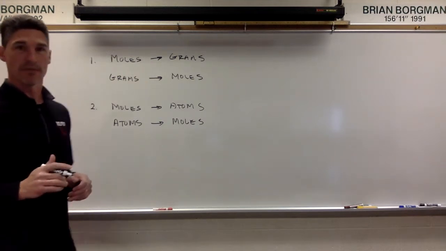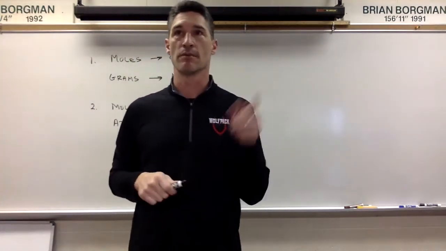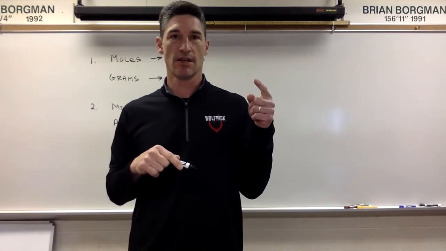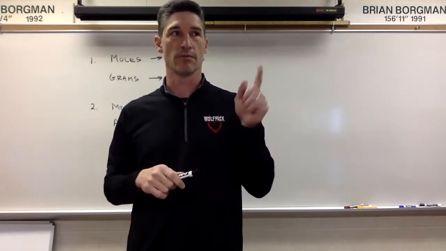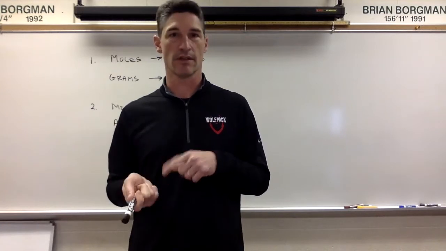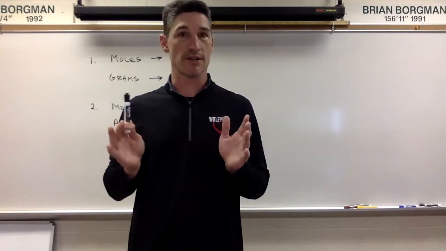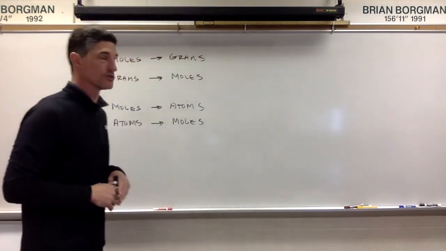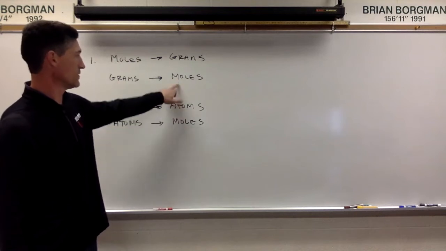The last one is to put the 2 together. Because if you remember the example I gave you, it's kind of like driving from Michigan to Kentucky. You've got to go through Ohio, right? And moles is Ohio. You can't go from Michigan straight to Kentucky. You can't go from Kentucky to Michigan without going through Ohio. So that's moles. So we can't go straight from grams to atoms without going through moles.